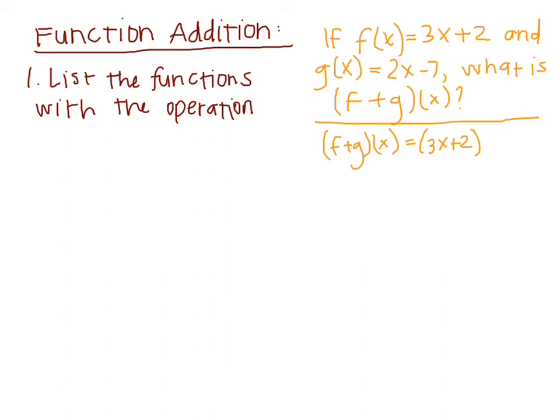So the operation is going to be addition, and then I list function g. Function g is represented by 2x - 7. So I took function f, 3x + 2, plus function g, 2x - 7.